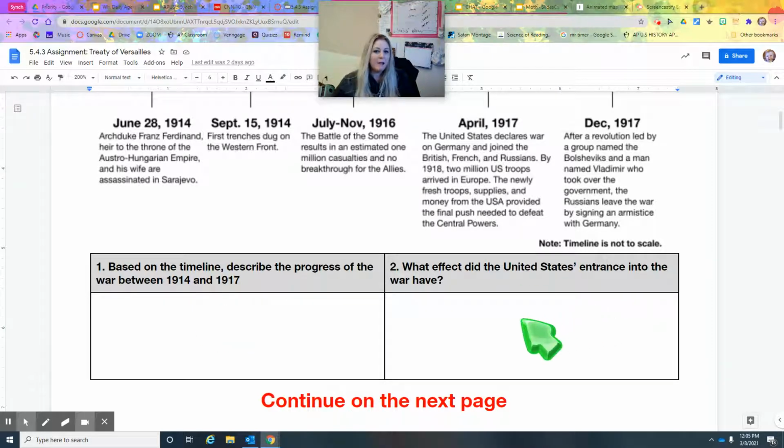And number 2, what effect did the United States entrance into the war have? So what effect did having the United States come into the war have on the war? Go ahead and pause here, answer those questions, and continue to page 2.